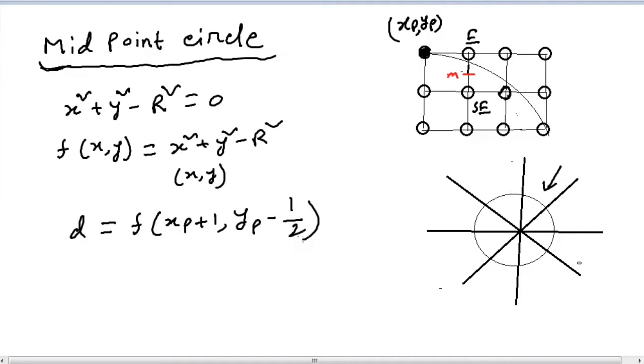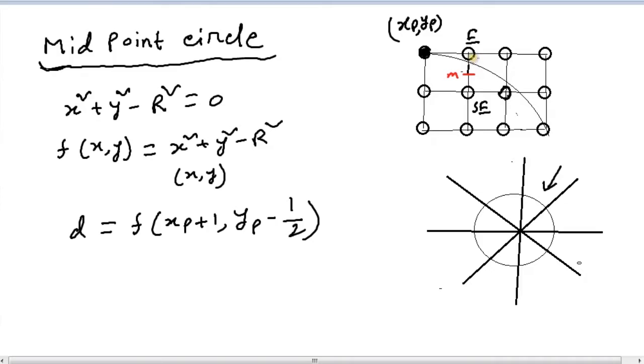Because you see, we're doing it with respect to xp, yp, and remember from the midpoint line algorithm, the function was xp plus 1, yp plus half. Well, back then we went upwards, and we chose between the pixels E and NE. In this case, we're actually going downwards, see? That's why we have to subtract half from yp in this case.